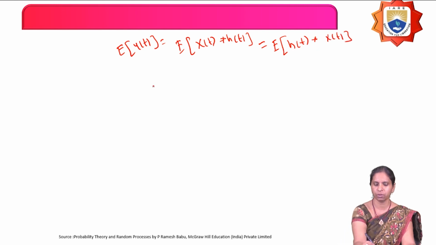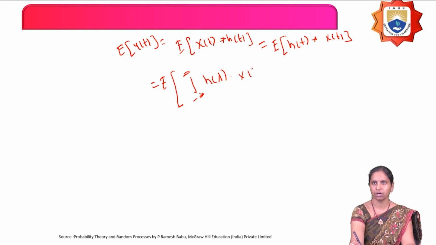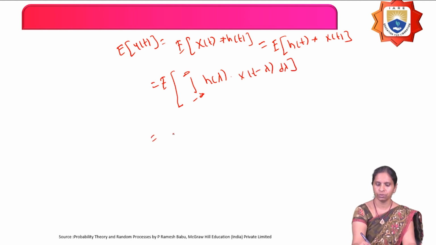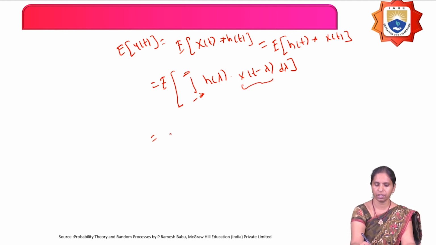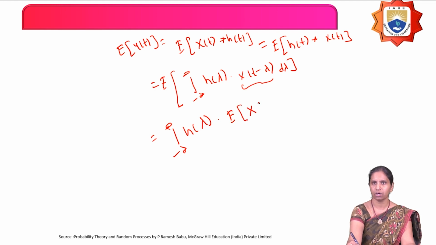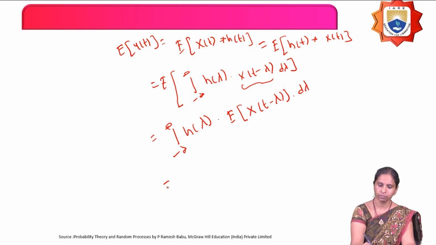The convolution formula gives the expectation of the integral from minus infinity of h of lambda into x of t minus lambda d lambda. The expectation is always taken with respect to the random process, so h of lambda is constant here. Therefore, this is the integral from minus infinity of h of lambda into the expectation of x of t minus lambda d lambda.